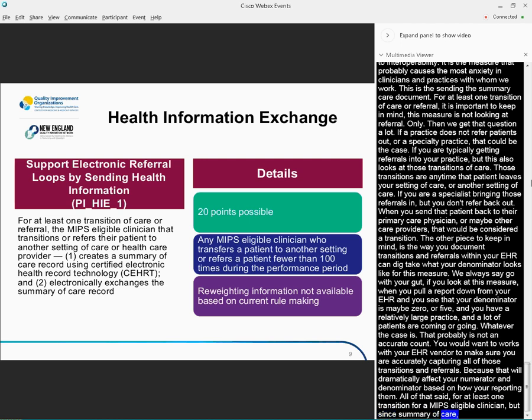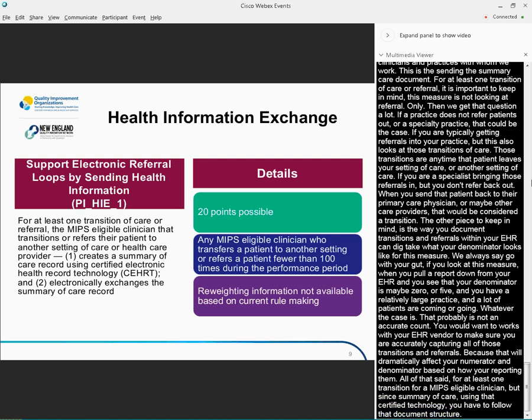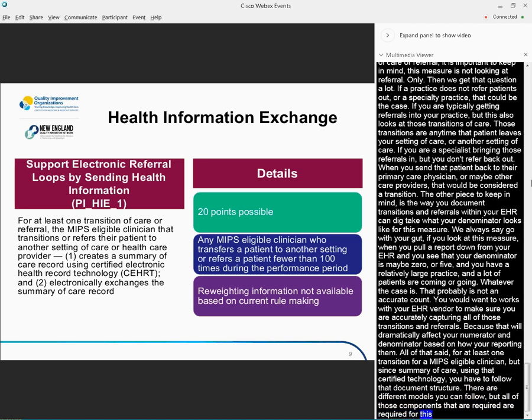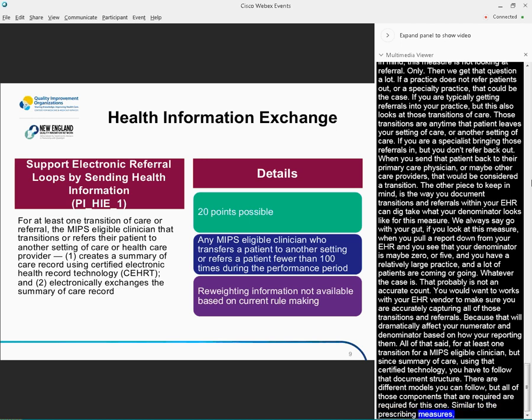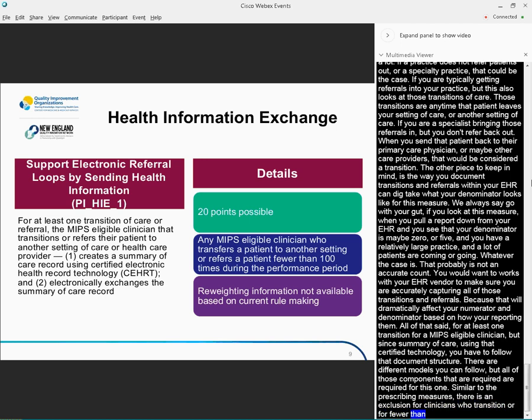There's a whole bunch of different models you can follow, but CCDA, all those components are required for this one. Similar to the EPrescribing measure, there is an exclusion for any MIPS eligible clinician who transitions or refers fewer than 100 patients during the reporting period.